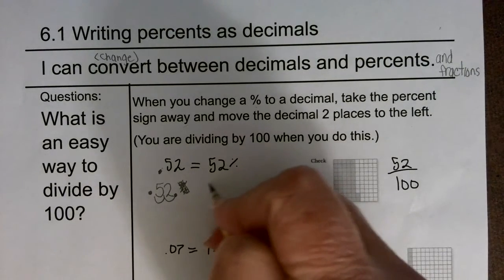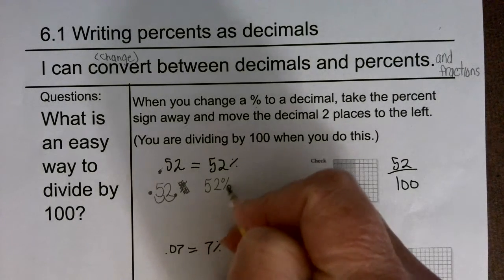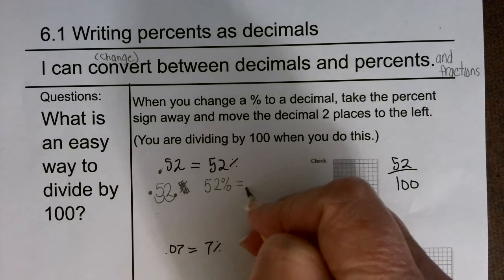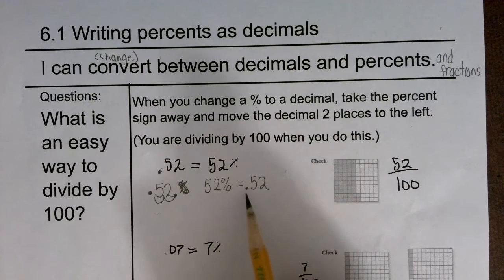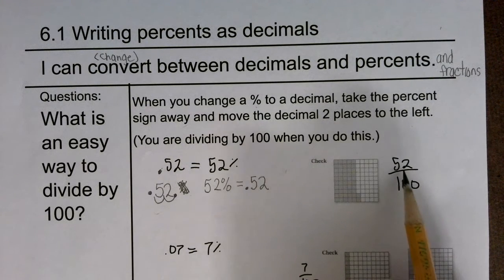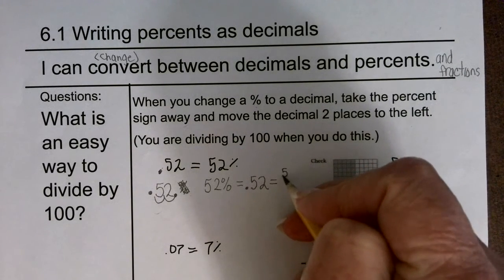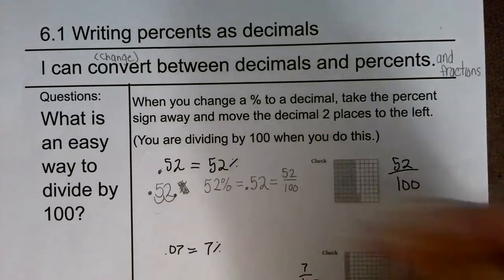I moved that decimal point so that it's at the beginning of the 52. That decimal is 52 hundredths. That's how you say that. The picture shows 52 out of 100 little pieces shaded. And so the fraction is 52 over 100.